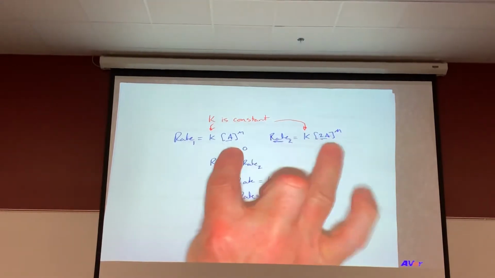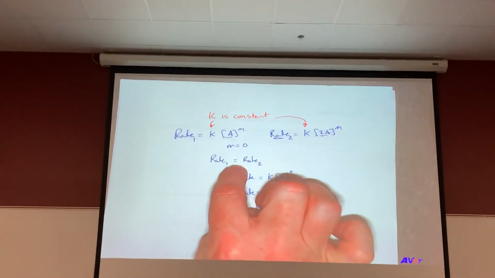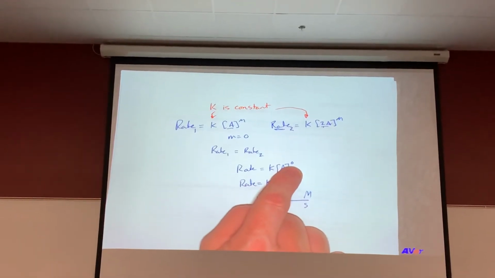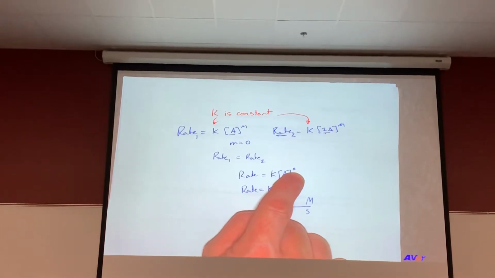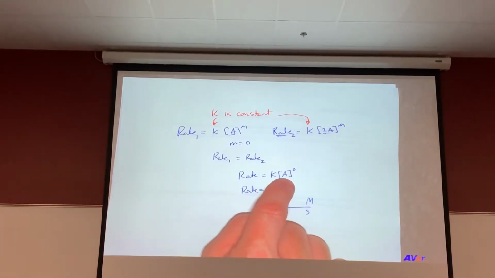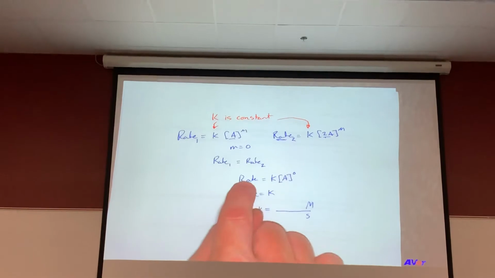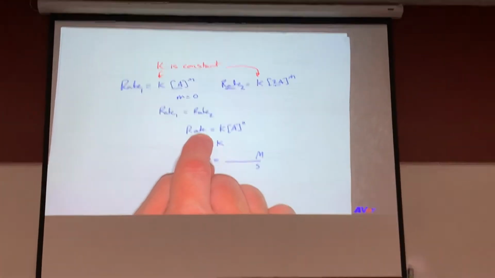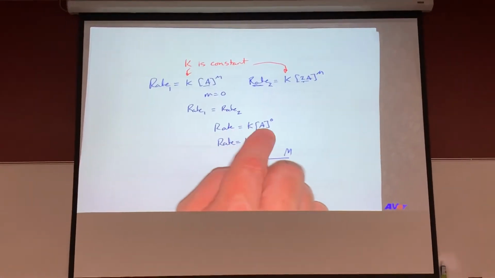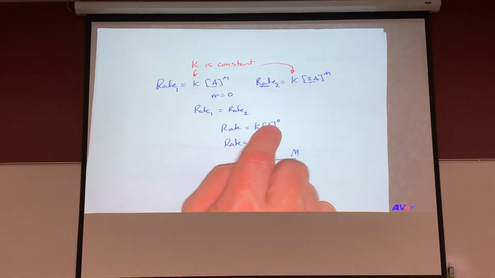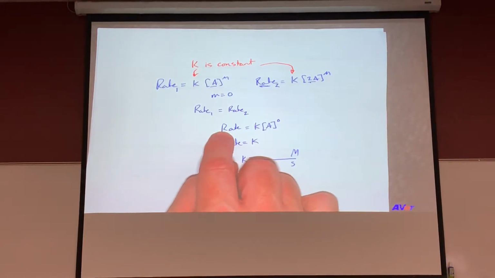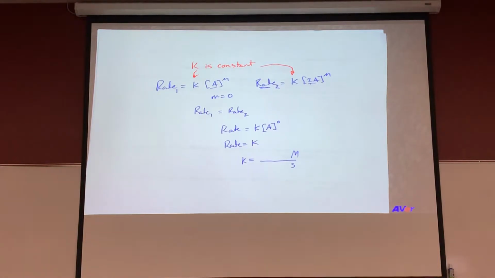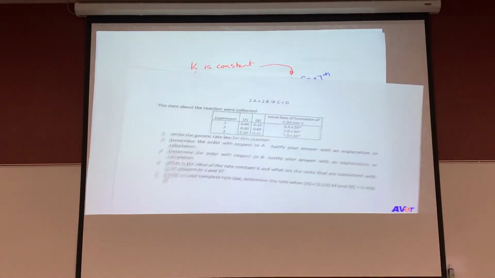And if changing the concentration has no impact on the rate, then the order is 0. Because if you double this and there was a 1 there, then it would double the rate. If you doubled it and there was a 2 there, what would the rate do? Quadruples. If you get doubling squared, it gives you a 4. So it multiplies the rate by 4. So you're going to look at how the rate changes as you change the concentration. That's part of this problem.